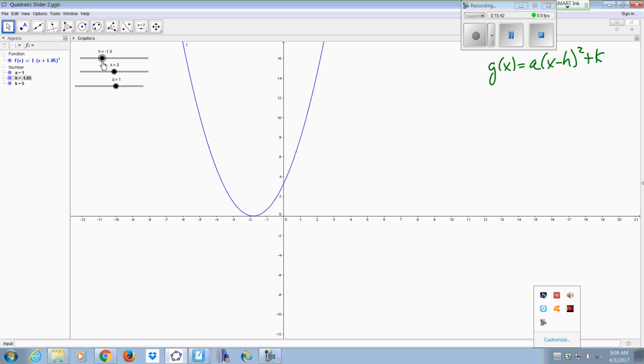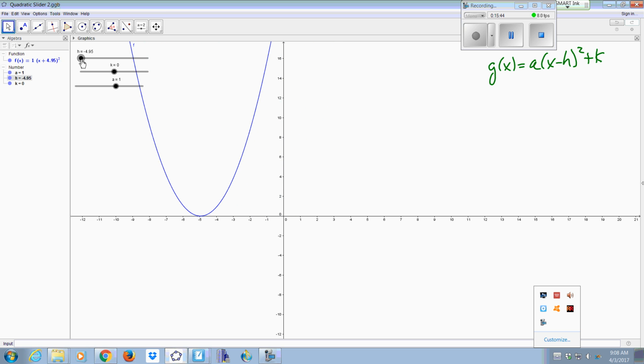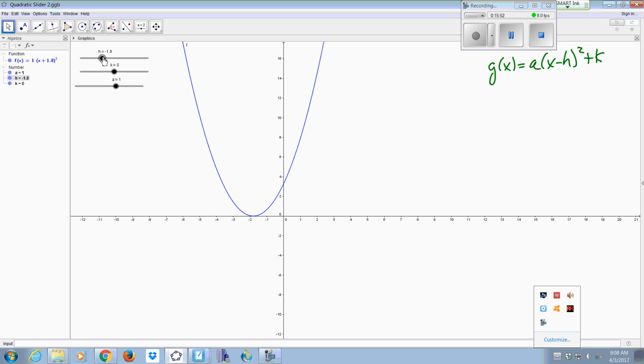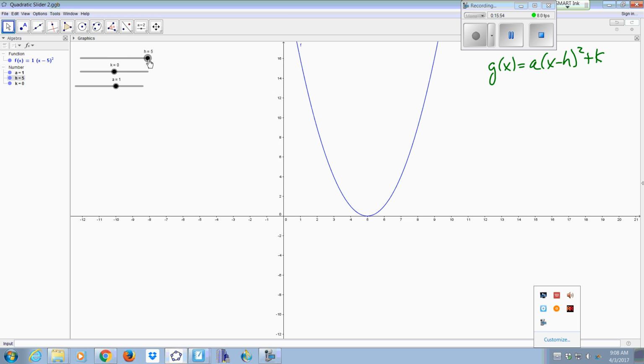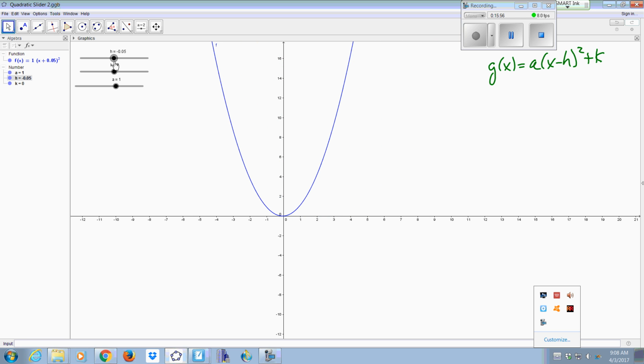So now when h is negative, notice it moves to the left because subtracting a negative puts the plus in there. So it still works just like our transformations work. So that shifts it horizontally.